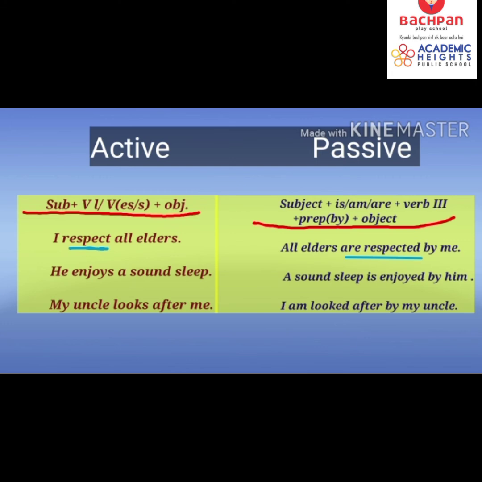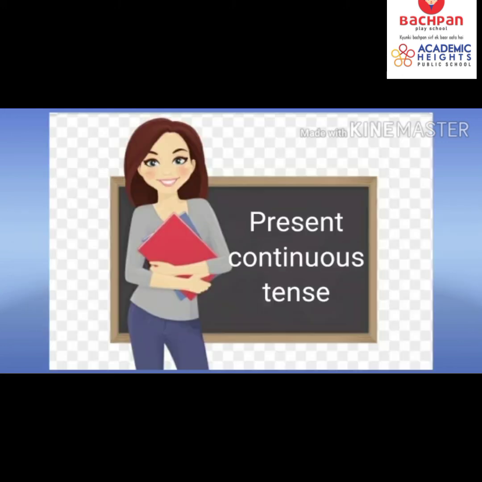Next sentence is he enjoys a sound sleep. A sound sleep is enjoyed by him. My uncle looks after me. I am looked after by my uncle. Now we will understand present continuous tense.